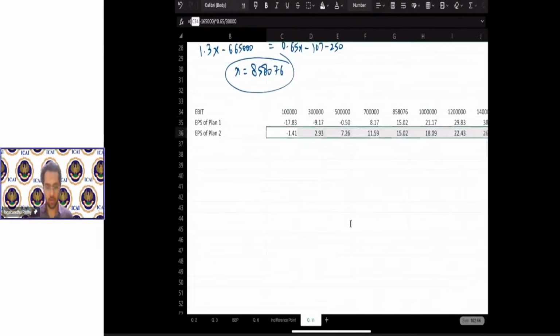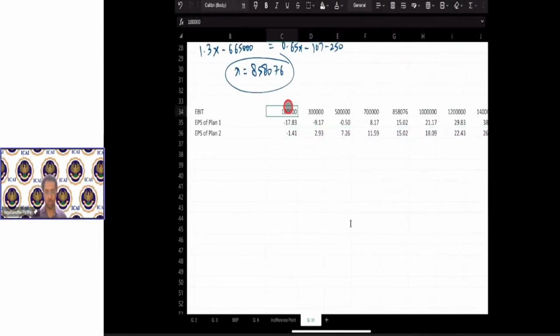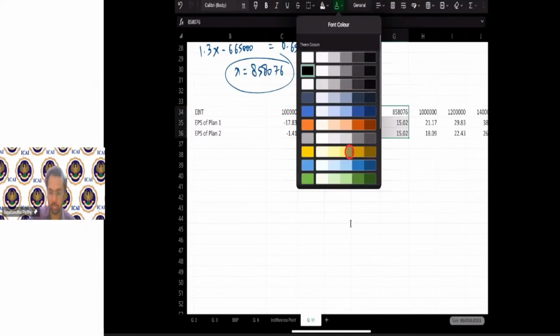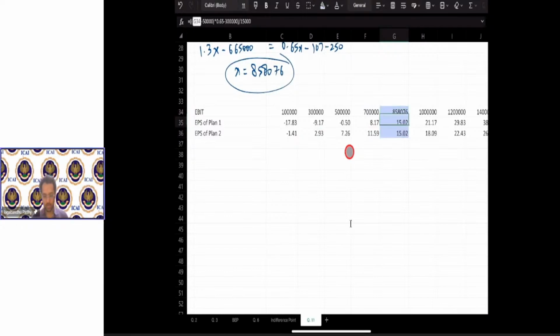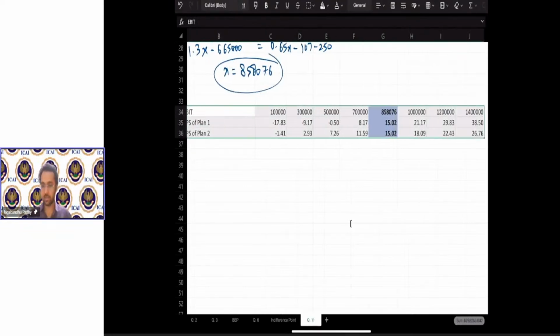So at multiple levels of EBIT, when your EBIT is 1 lakh, then EPS for plan 1 is this and EPS for plan 2 is this. What you observe is that at 8,58,076, EPS is the same for both plans. Now to visually make it more presentable and for easy analysis, let me draw a chart for you.